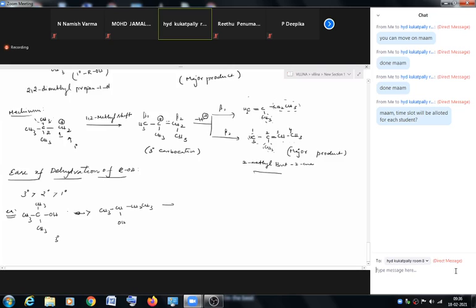This is a secondary alcohol because the carbon to which OH is attached is the secondary carbon. Then primary, CH3, CH, CH3, CH2OH. So this is a primary alcohol, and then you have the straight chain CH3, CH2, CH2, CH2OH.